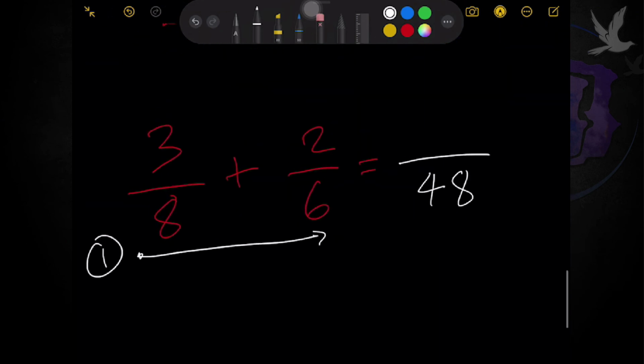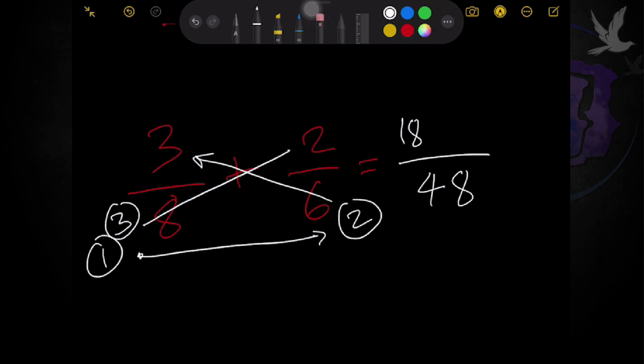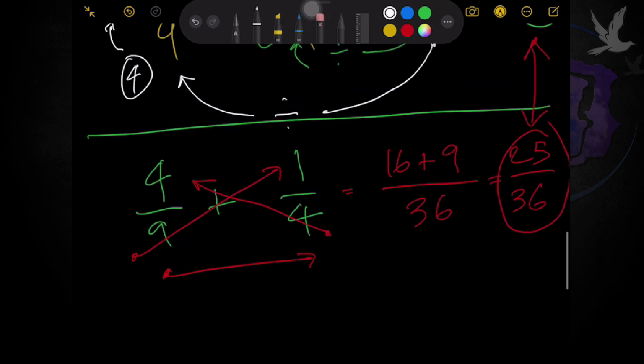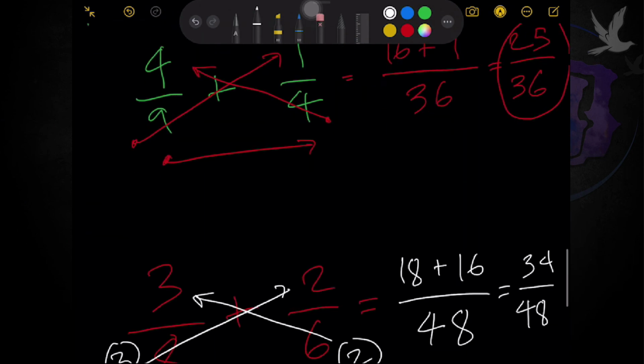Pero sige lang, we'll try to find out. Step number 2, cross multiply, 6 times 3 will give us 18. Step number 3, 8 times 2 will give us 16. And if you're going to add 18 plus 16, this will give us 34 divided by 48. Tingnan niyo yung sagot natin. Malayo.